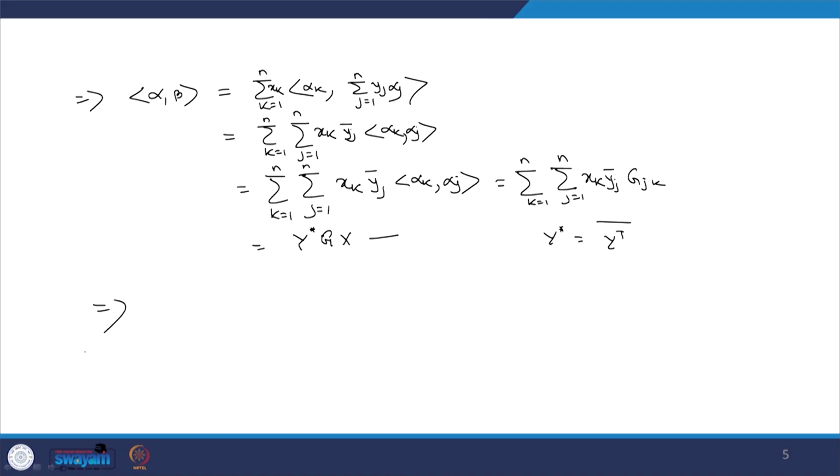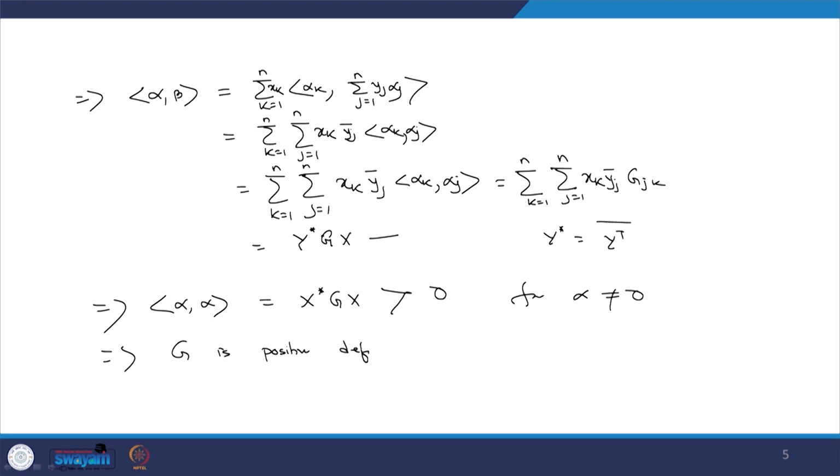So, this implies the inner product of alpha with alpha equals X star G X, which is strictly greater than 0 for alpha not equal to 0. This implies G is positive definite.